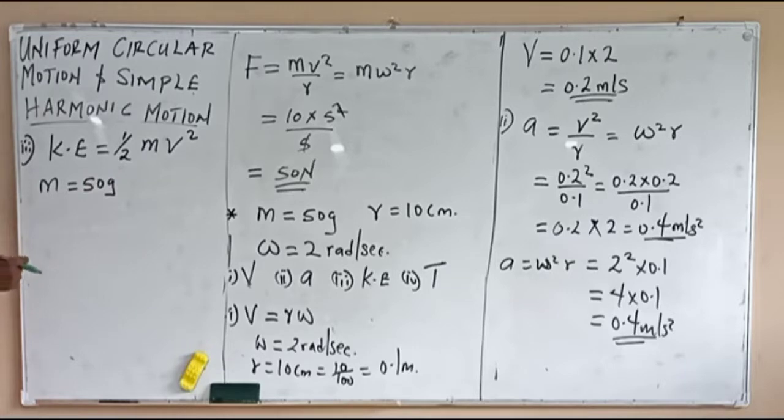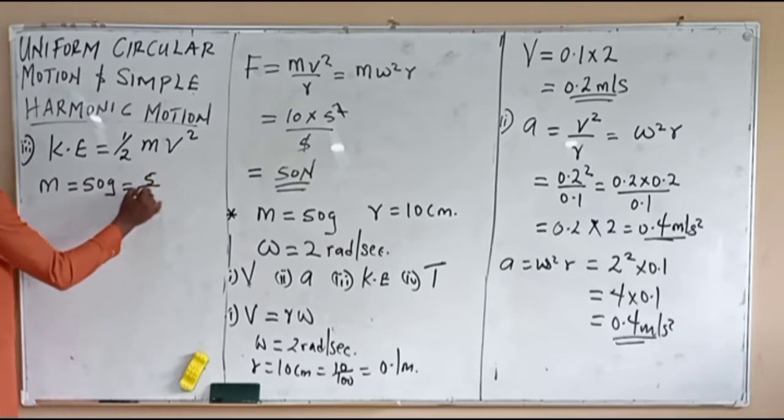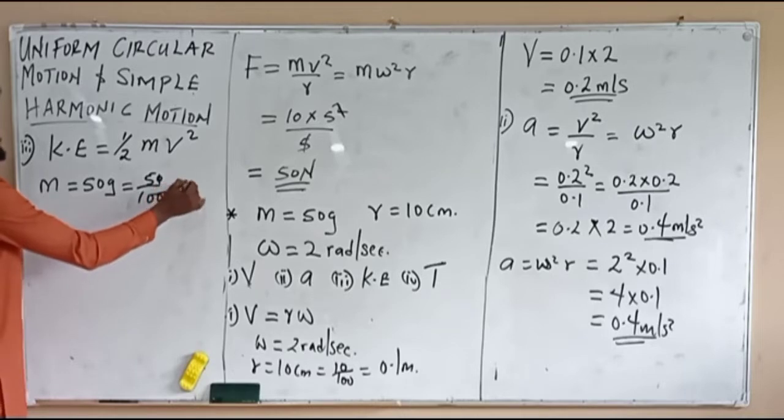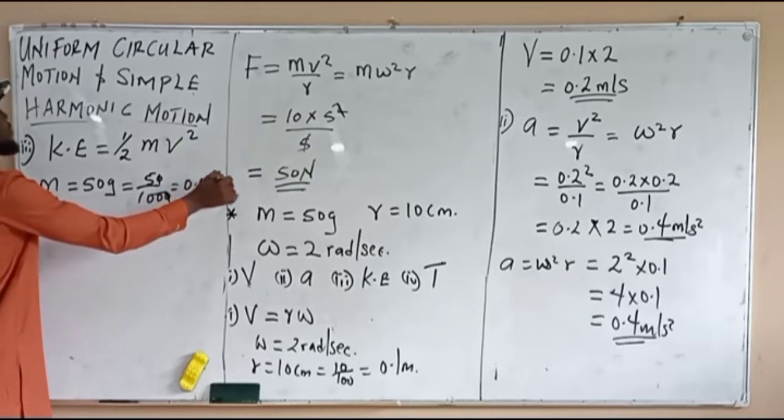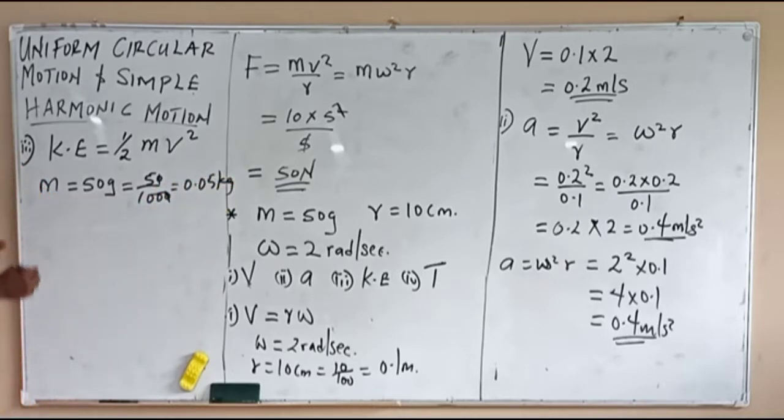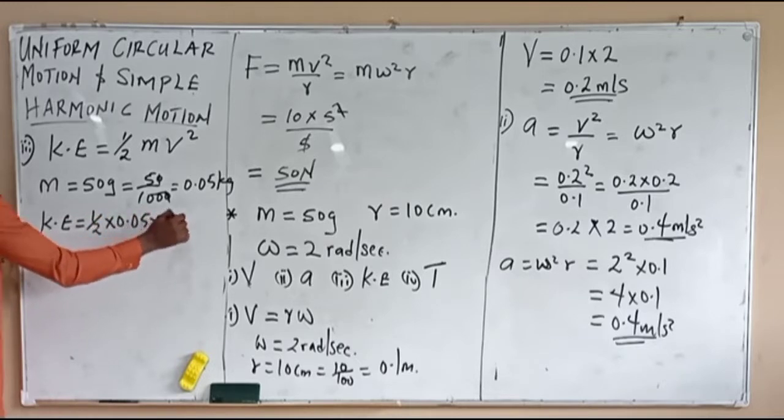Can we use gram? No, we are going to use kilogram. To go from gram to kilogram, we divide by 1000, and we have 0.05 kilogram as the mass. So the kinetic energy will be equal to 1 over 2 times 0.05 times 0.2 squared.